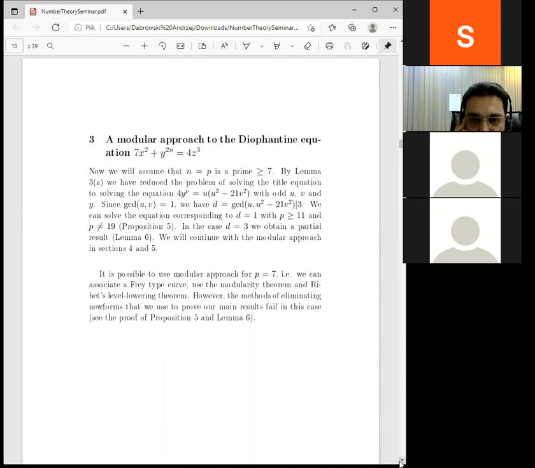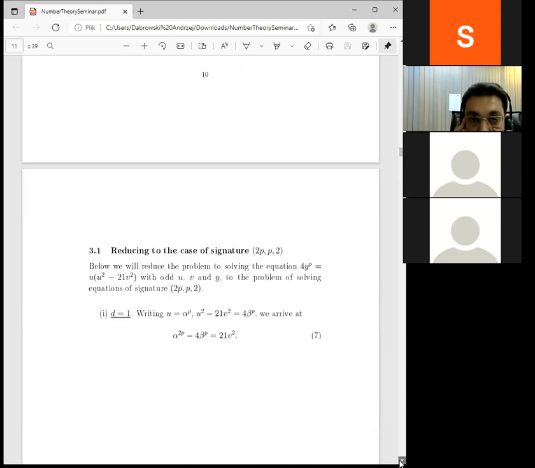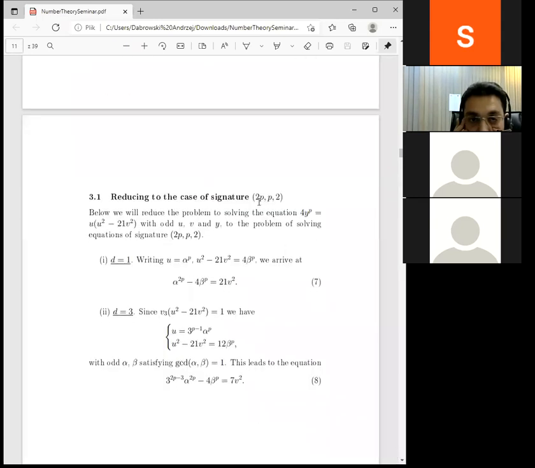Then, as a consequence, we are led to two different equations of signatures (p,p,2). So it is written here. If d is equal to 1, we are led to such different equation 7, and if the greatest common divisor is 3, then you obtain the different equation 8.